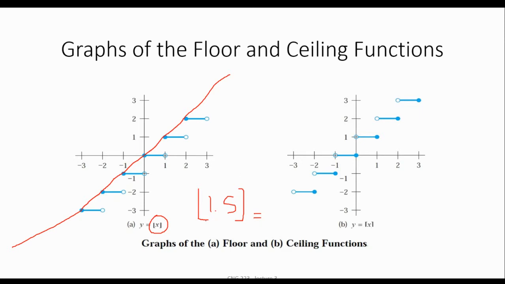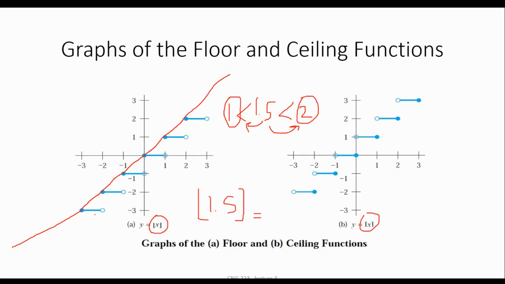So 1.5 is between 1 and 2. In the case of floor, you consider 1. In the case of ceiling, you will consider 2. So the closest integer, but in the case of floor, the smaller one, and in the case of ceiling, the bigger one.